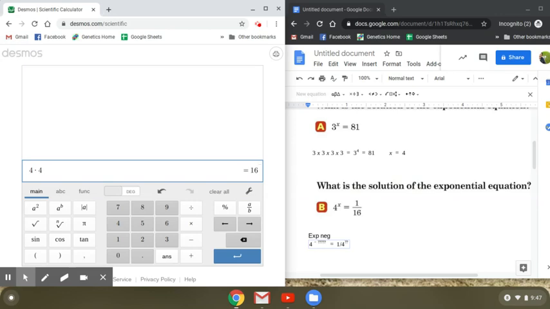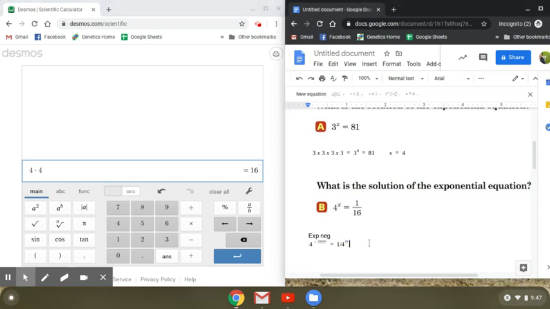So 4 squared equals 16. That means that 4 raised to the negative 2 is going to be equal to 1 over 16, right? So our final answer is x equals negative 2, because if we replace negative 2 here, we get 1 over 16.